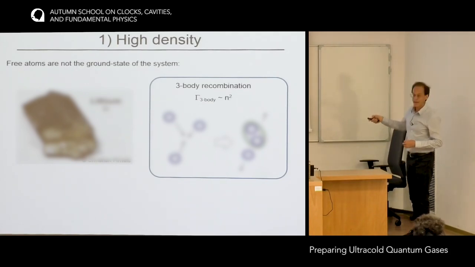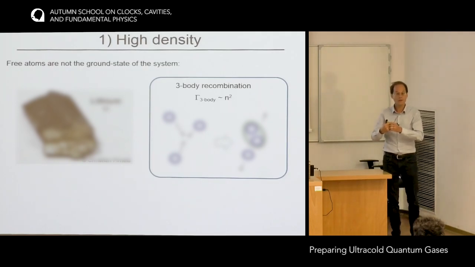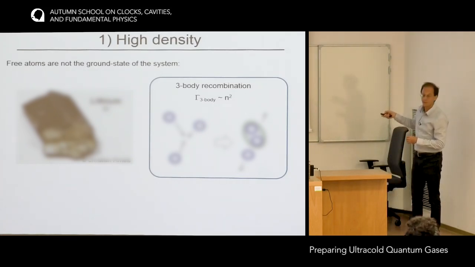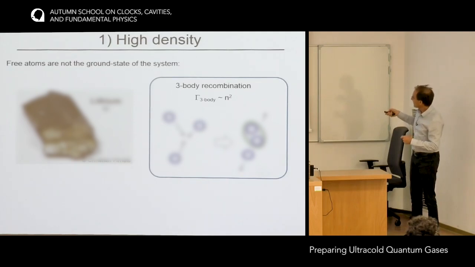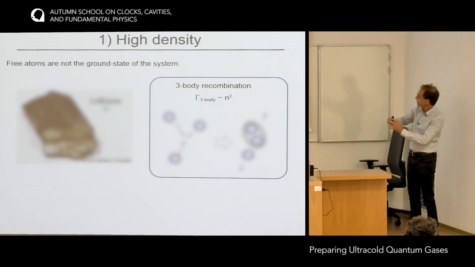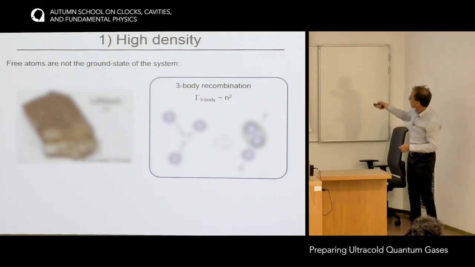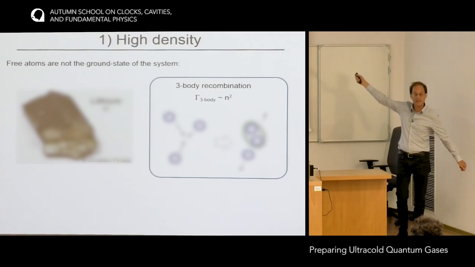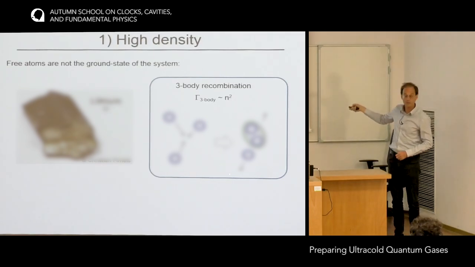Two of these three atoms form a molecule that releases a lot of molecular binding energy, and this energy needs to go somewhere. Luckily, we have a third collisional partner. It can take it up, so the molecular binding energy is converted into kinetic energy, and the molecule and the third collisional partner rush off in opposite directions. They need to do so for momentum conservation.